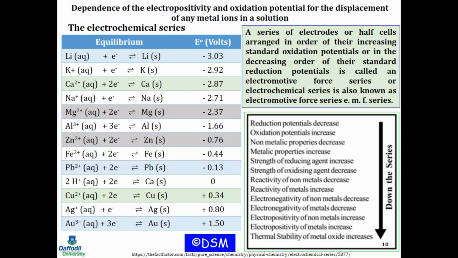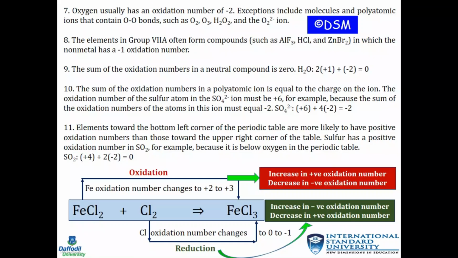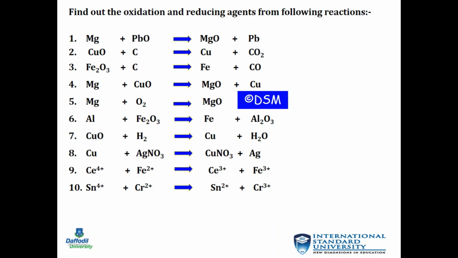I will teach it in the electrochemistry chapter, when we learn about electrochemical cells and others, more accurately. There is a series, its name is the electrochemical series. Now I am giving you some examples where a lot of reactions are given here. You need to find out which one is the oxidizing agent and which one is the reducing agent.